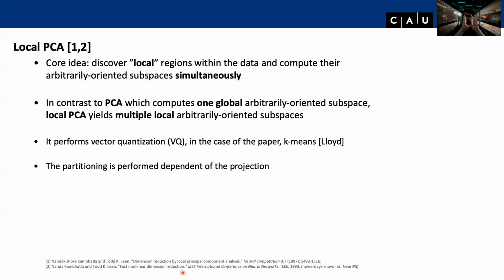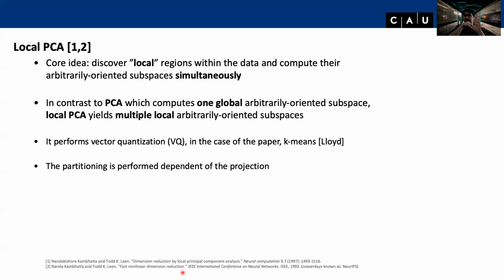How can we actually capture this parabola? And the idea that the authors here, Kambhatla and Leen, had in mind was that you have this parabola and you approximate it piecewise linearly.